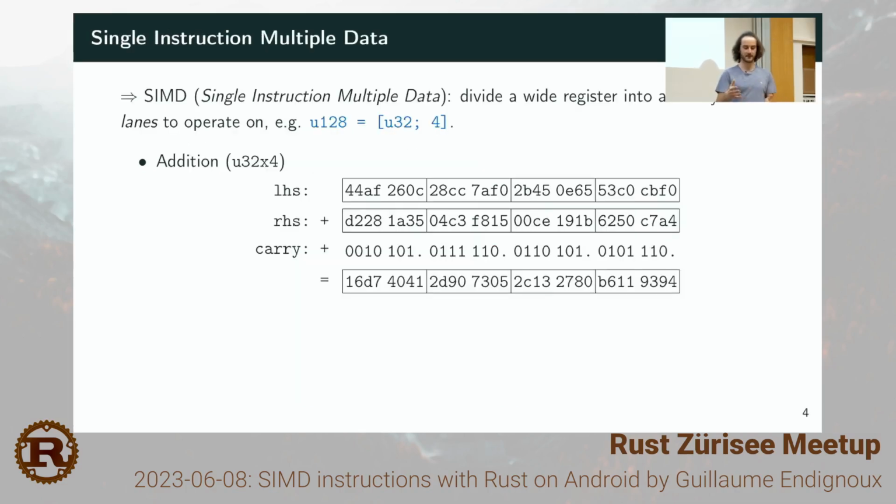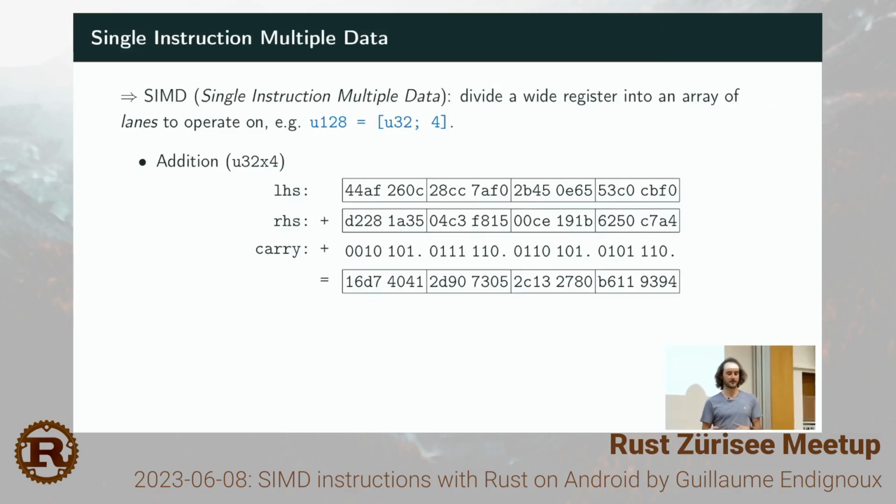And this is where the concept of SIMD, which stands for single instruction, multiple data, comes into play. So the idea is to say, okay, we're going to build a wider register, for example, 128 bits, but divide it logically into an array of smaller lanes. So for example, here, 4 lanes of 32 bits.